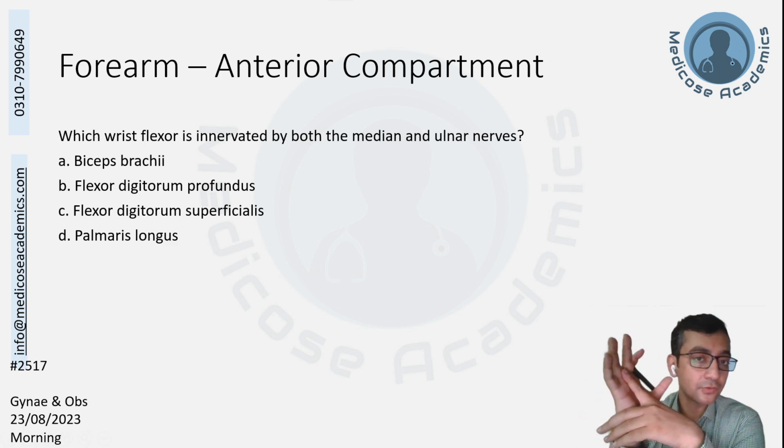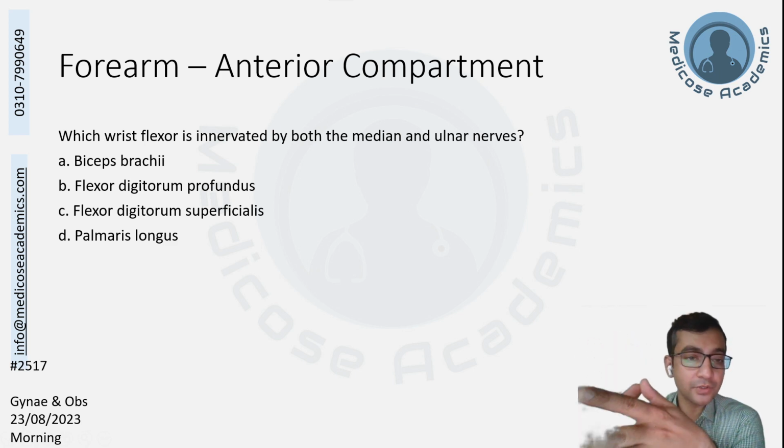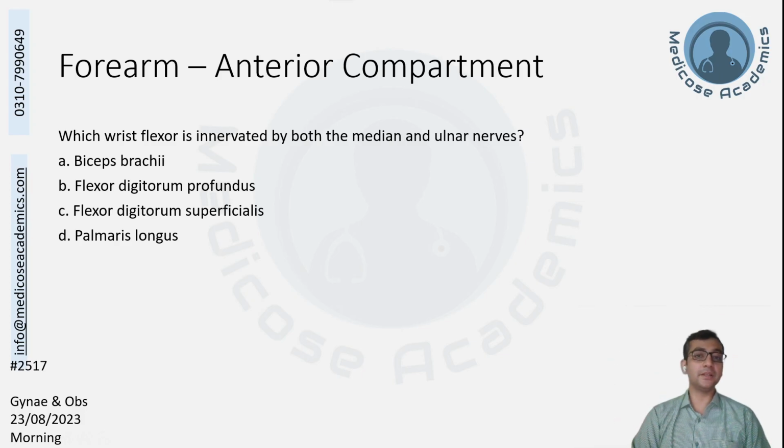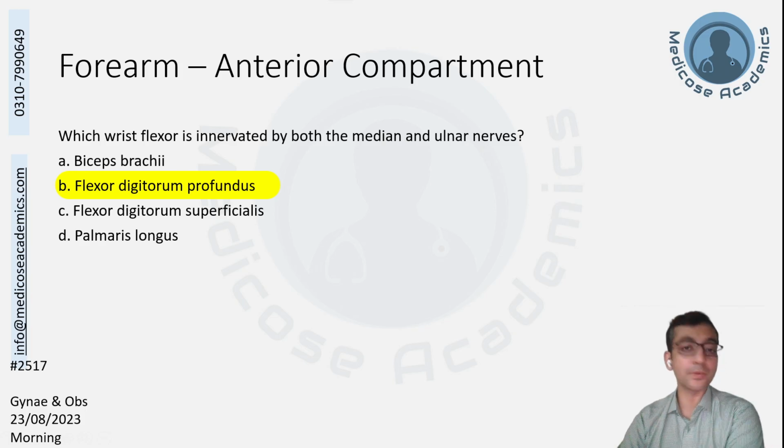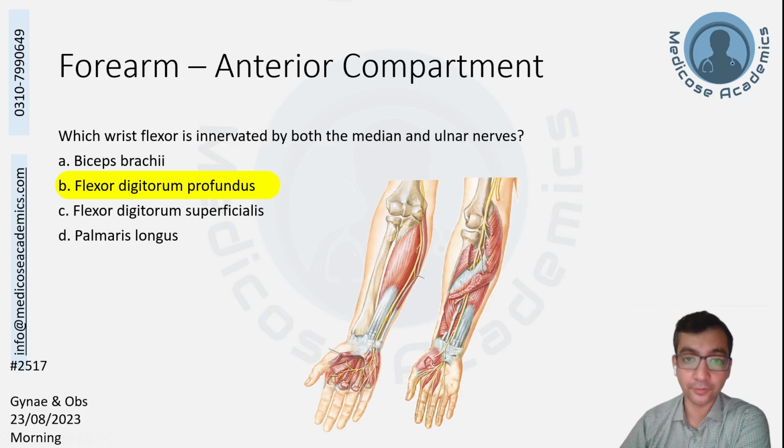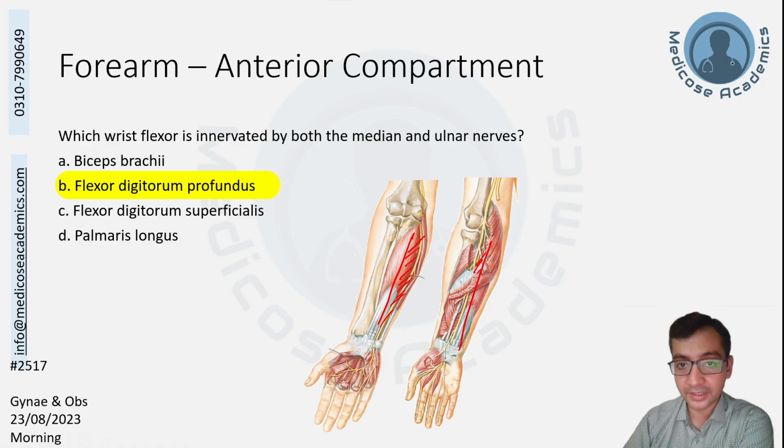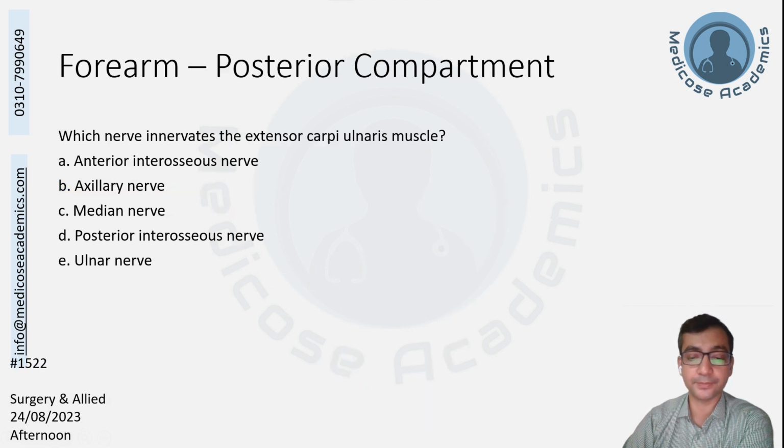And then there are the flexors of the fingers, flexor digitorum superficialis and flexor digitorum profundus, and among these, the flexor digitorum profundus is the only muscle that is supplied by two nerves, the ulnar and the median nerve. The ulnar nerve supplies the medial half that ultimately goes to the ring and little finger, and the median nerve supplies the lateral half that goes to the index and middle finger. Okay, so here these fingers will be flexed.